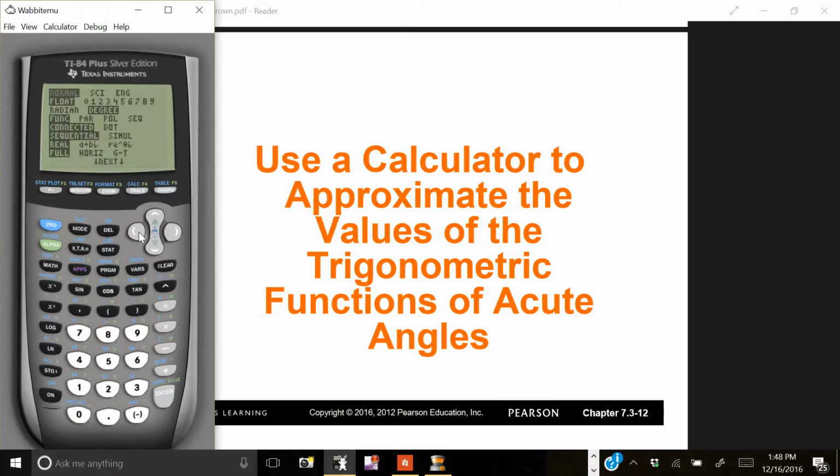If you wanted to be working in radians, move the cursor to radians and hit enter, and now you're in radians. Now I believe we're going to work the first problem using degrees, so let's switch it back to degrees. It's very important that you always have your calculator in the correct mode if you're going to get answers that are accurate.